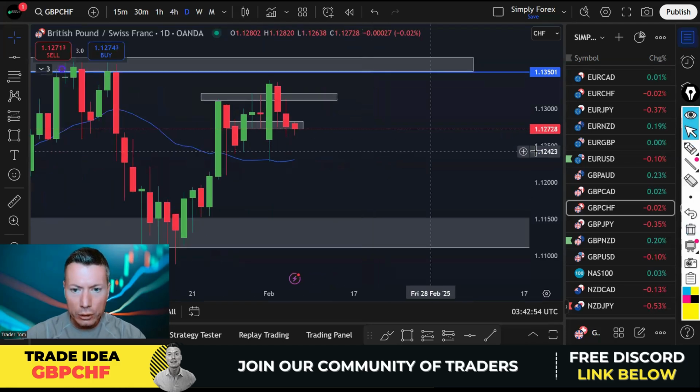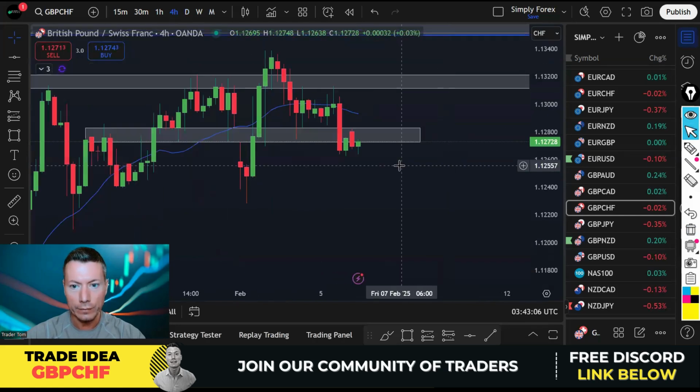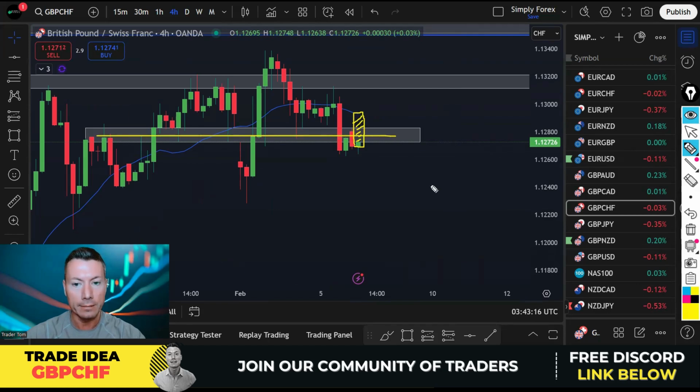You know, you're probably thinking, Tom, this is quite a bearish candle. I would agree with you, but this grey zone here is still holding. So if I can see something like this happen on the H4, perhaps we get a real bullish candle on the back of the interest rate, a real bullish H4 candle, bounce off of this line, this support, then I think we can take price higher.